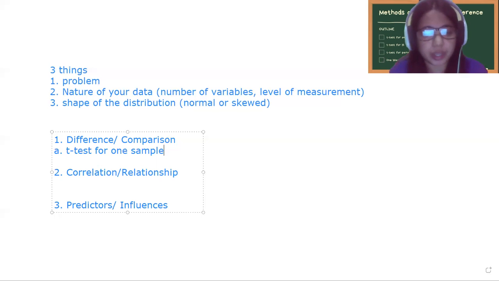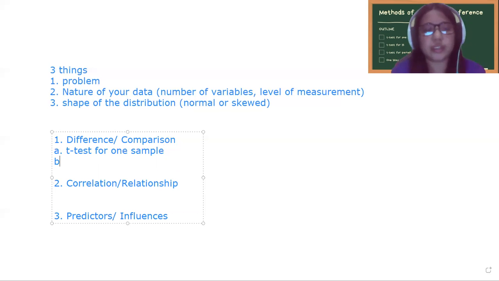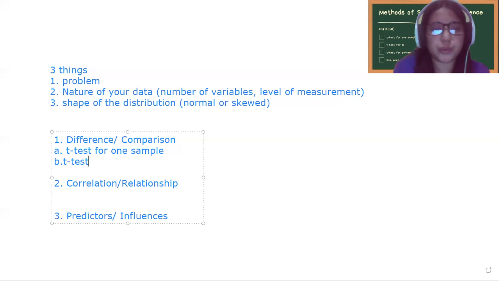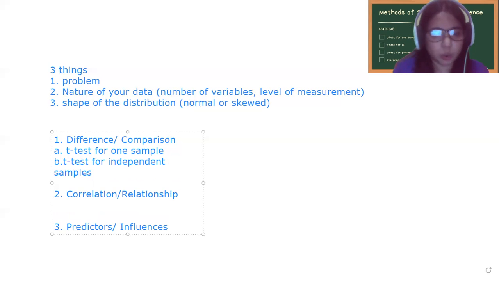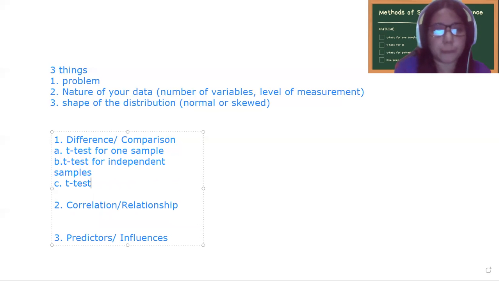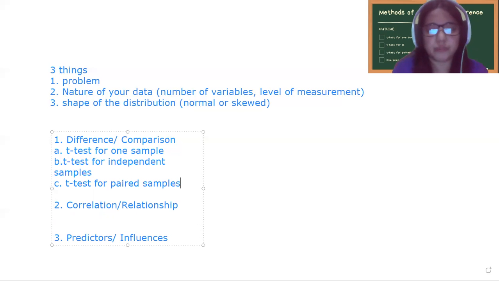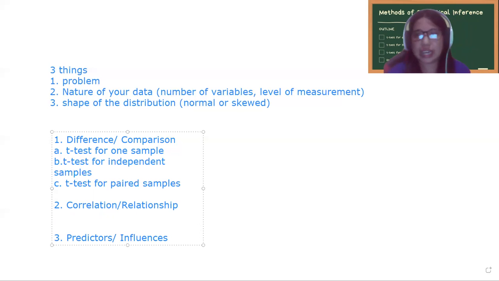And then if you want to compare your sample mean with a population mean, or if you want to compare two groups, that is the t-test for independent samples. It can be that these two groups are independent. It can also be that you want to compare paired samples, or two groups which are related to each other.